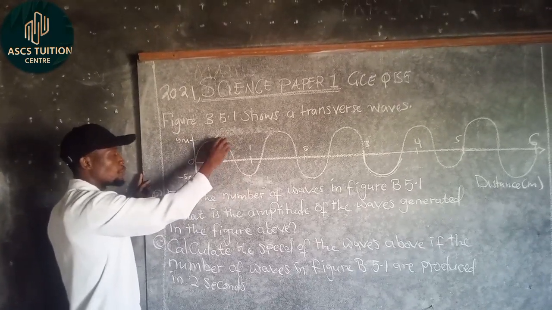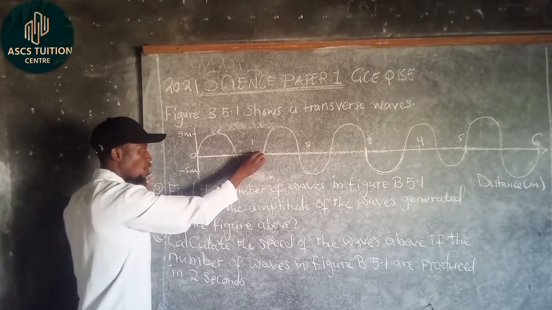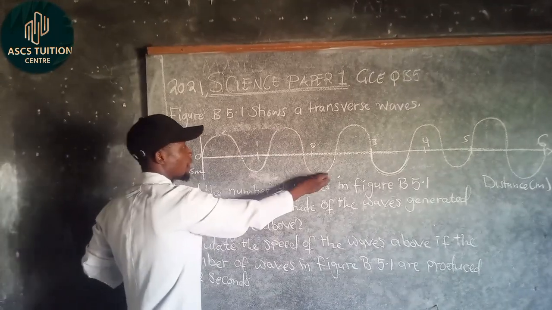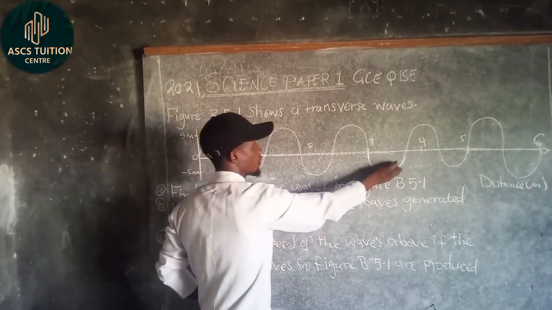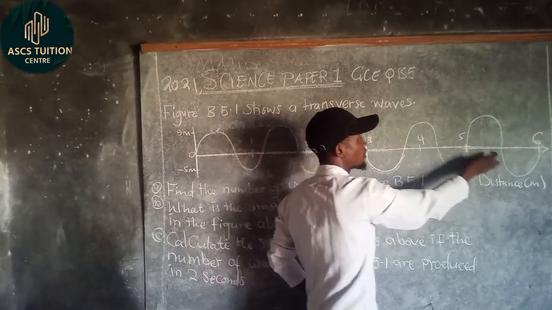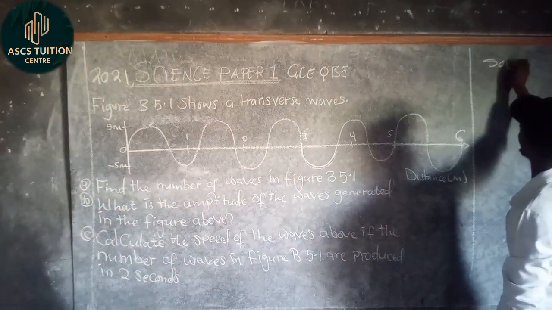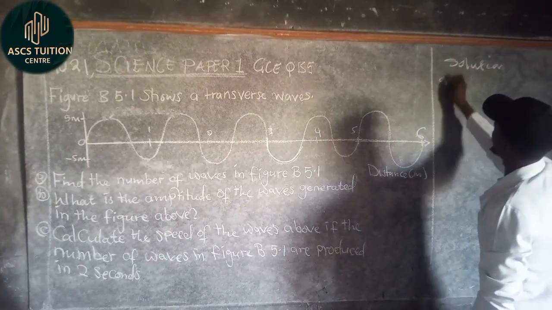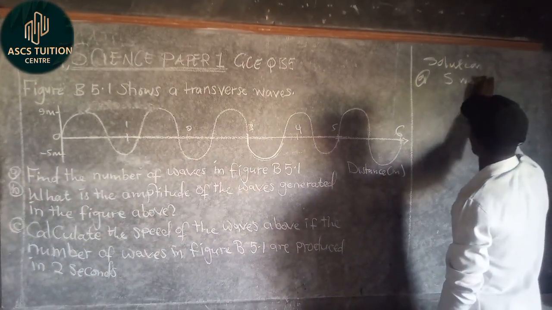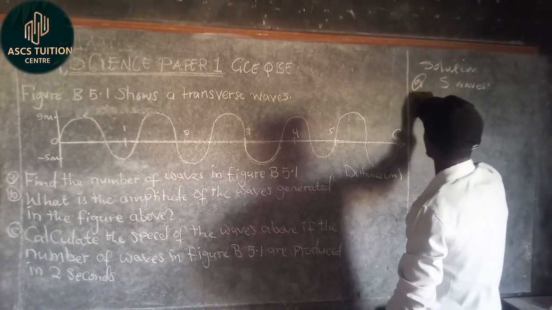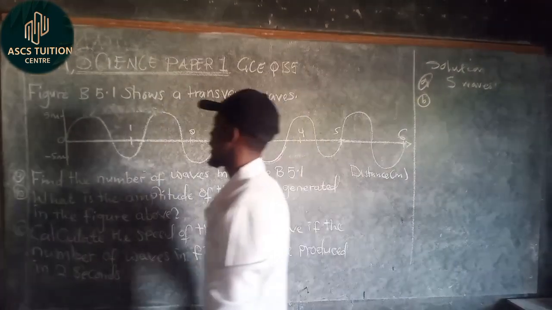Therefore, when we move in this motion, we have one wave. Again, we have second, third, fourth, and then one there, fifth. Therefore, the number of waves that we have here is 5 waves. That is our answer for A.